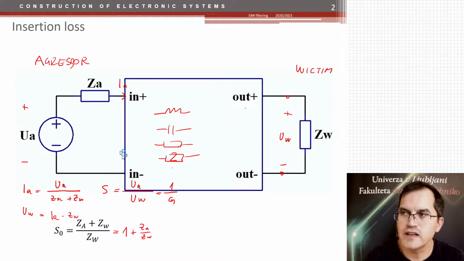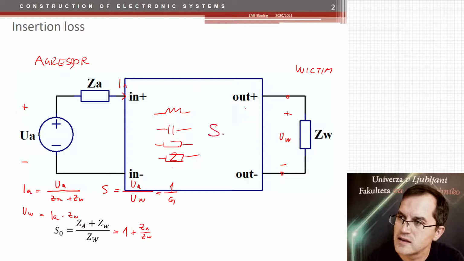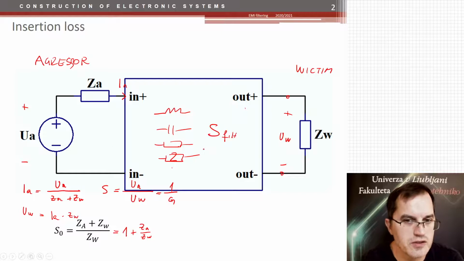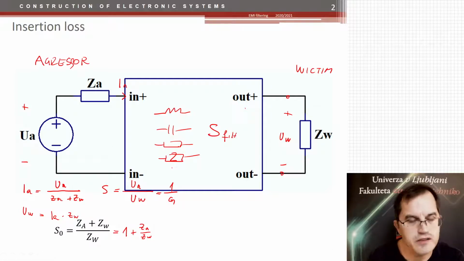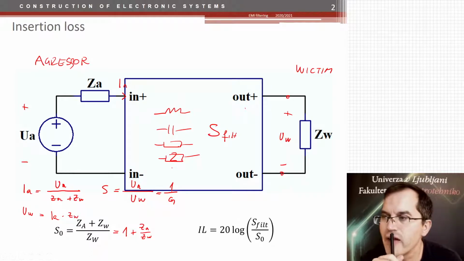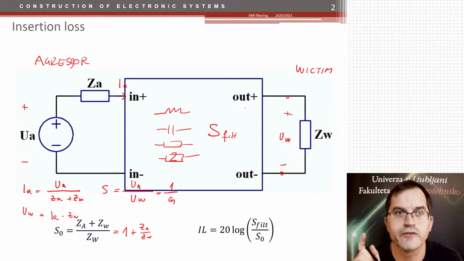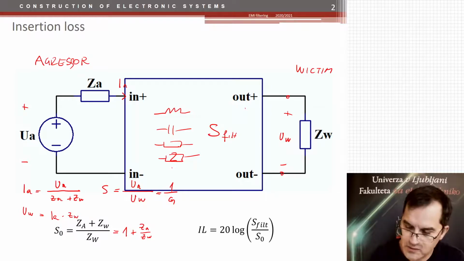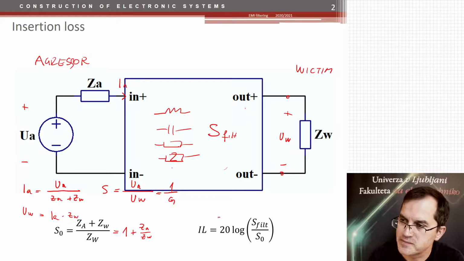So, when we introduce the filter, we also introduce the filtering attenuation. And the insertion loss is defined as the ratio between the filtering attenuation and the attenuation without the filter. That ratio is later expressed in decibels. Therefore, we have 20 log.